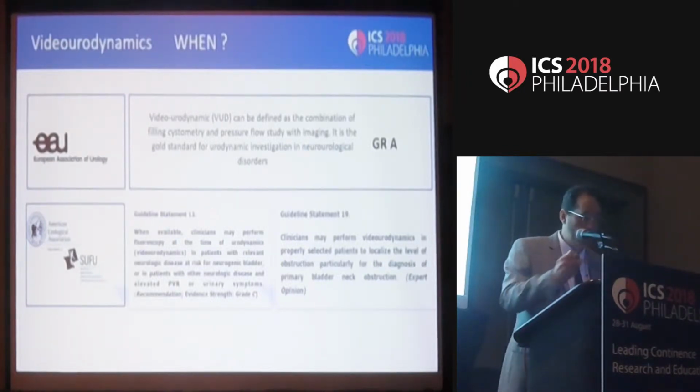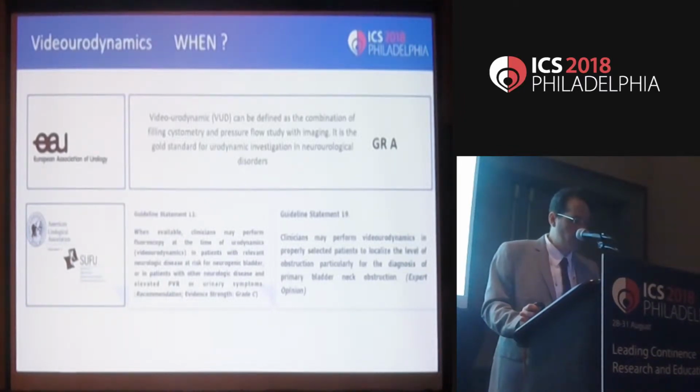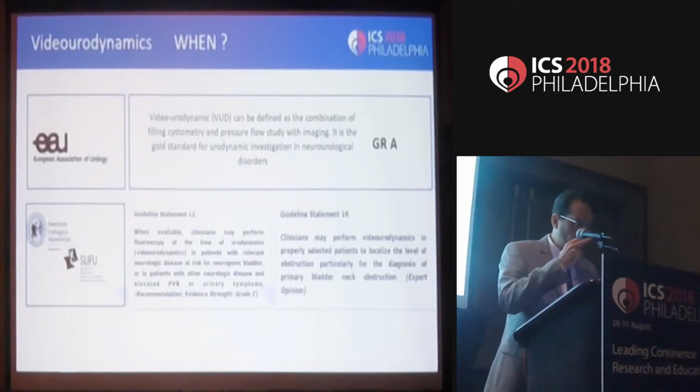with a grade of recommendation A. And from the AUA and SUFU guidelines, they have two statements about videodynamics. One says that when available, clinicians may perform fluoroscopy at the time of urodynamics, or videourodynamics, in patients with relevant neurological disease or at risk of neurological disease and elevated post-void residual or urinary symptoms.